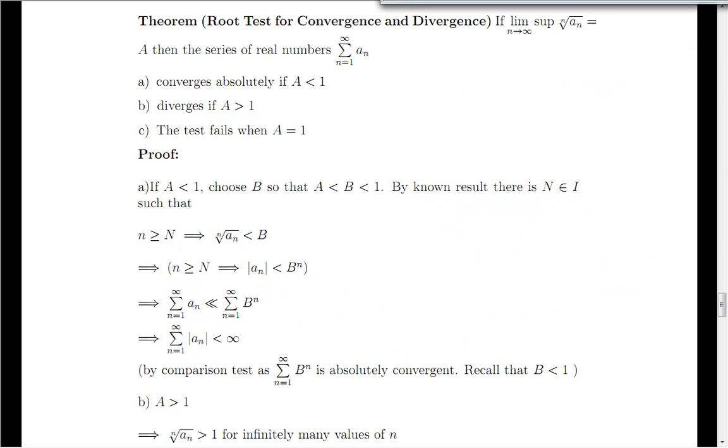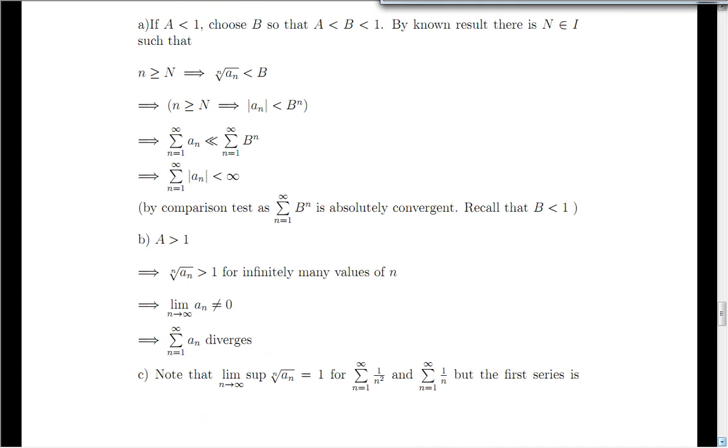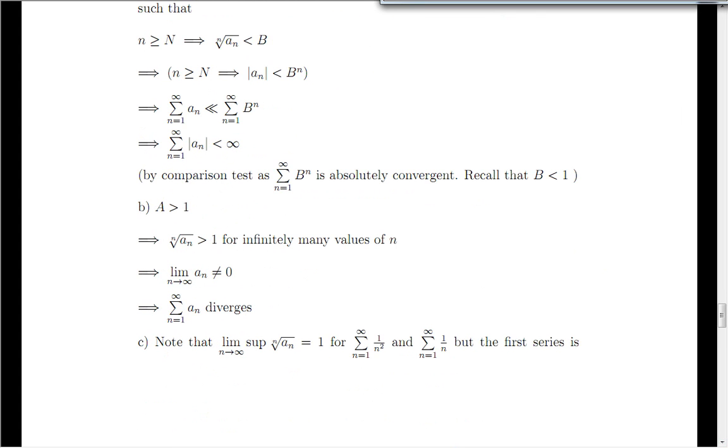Now let us go through the proof of second part. In second part, our hypothesis is that A is greater than 1. What is A?